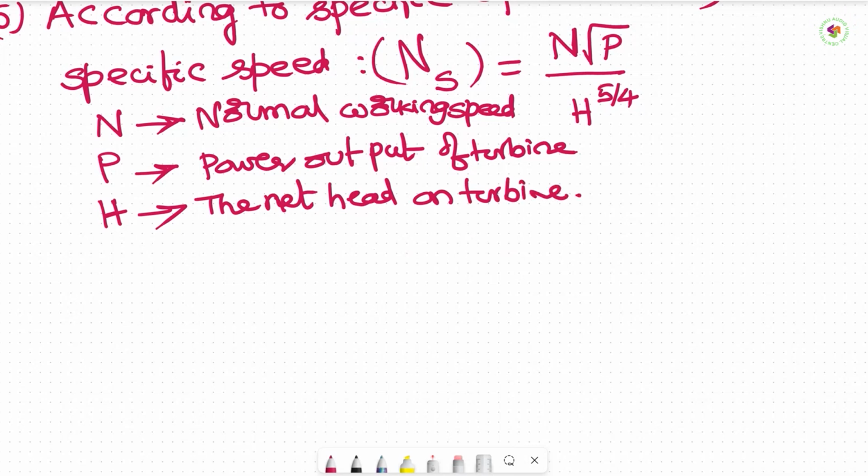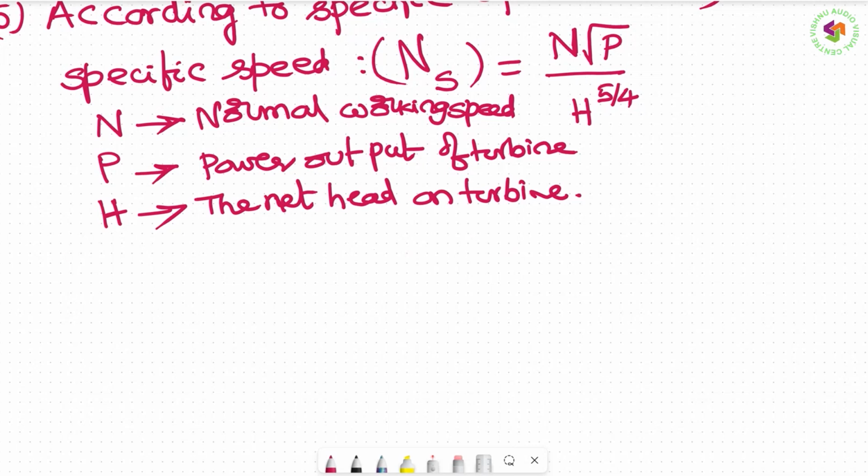Again, how this comes about we will see later; first remember the classification based on specific speed. Specific speed is defined as Ns equals N root P divided by H to the power of 5 by 4, where Ns is the specific speed, N is the normal working speed of a turbine, P is the power output of a turbine, and H is the net head of the turbine.